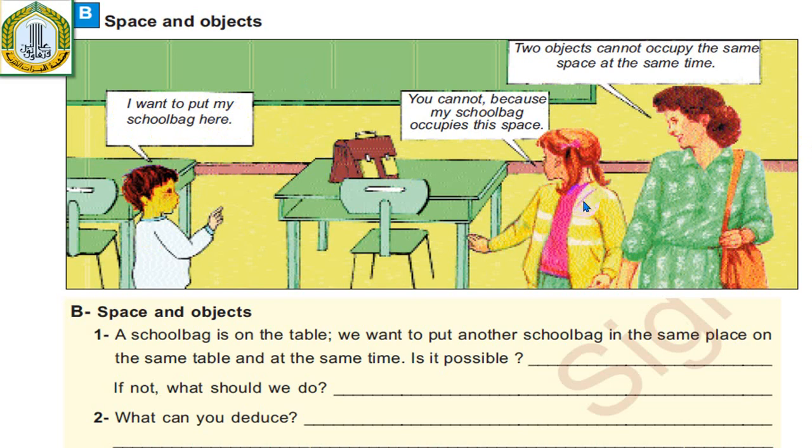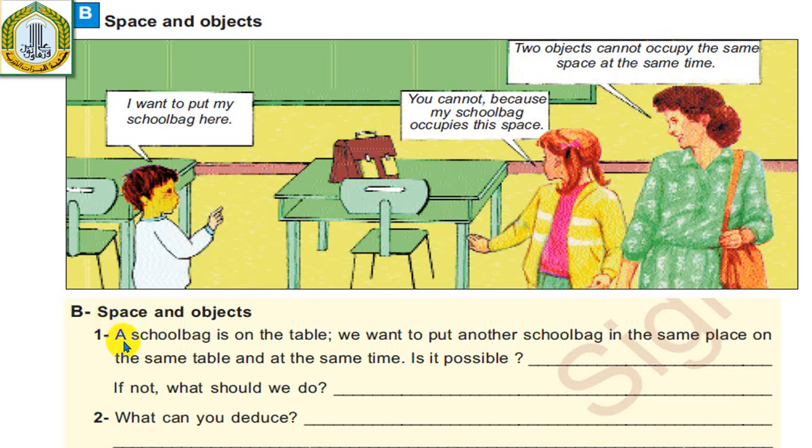His friend in class says that he cannot because her school bag occupies this space. And the teacher says two objects cannot occupy the same space at the same time. Can we put it in here? We might put it above it, beside it, behind it, but not at the same place. Can we put the other bag here? No, it's excellent.